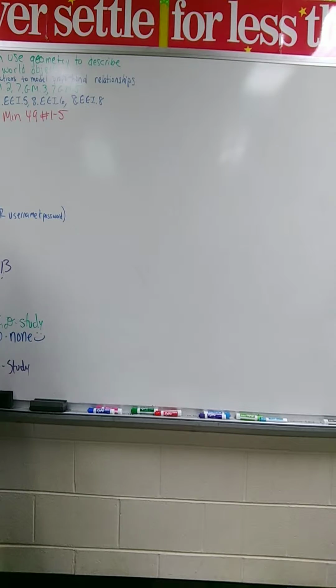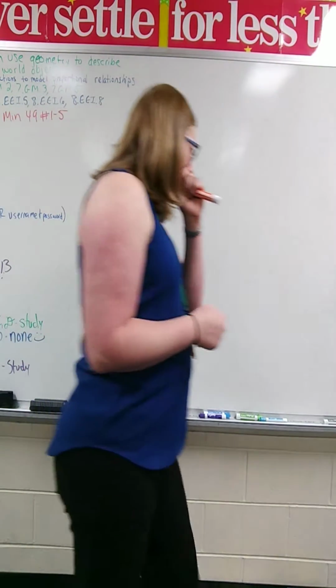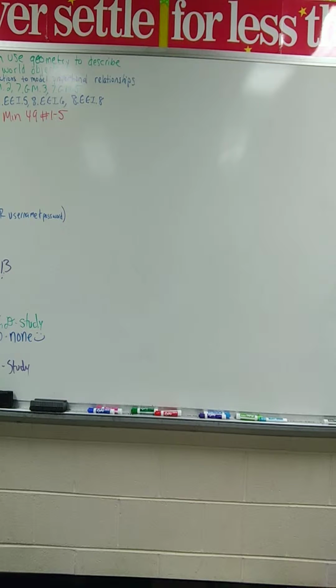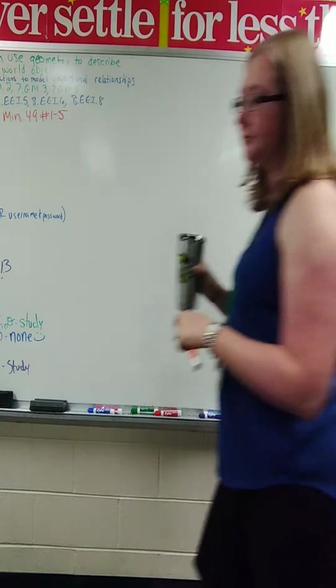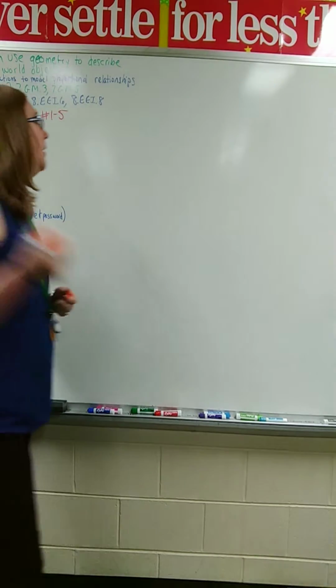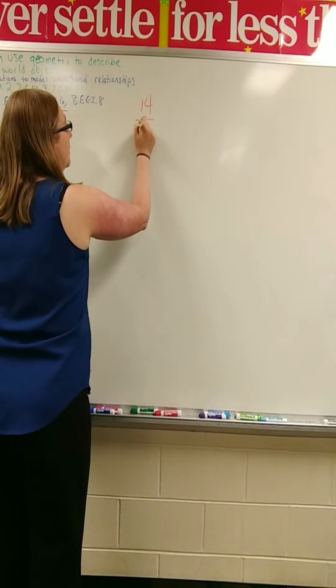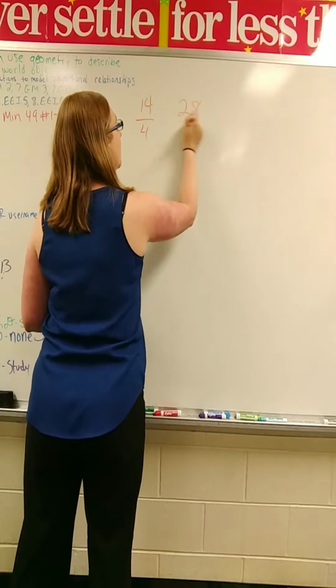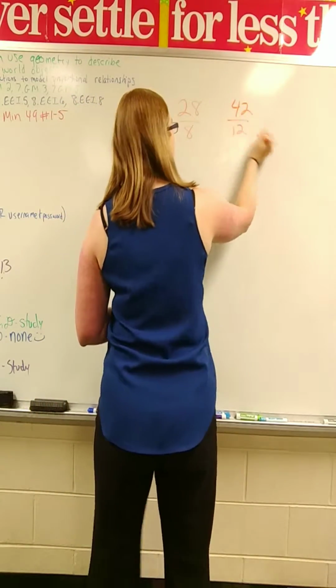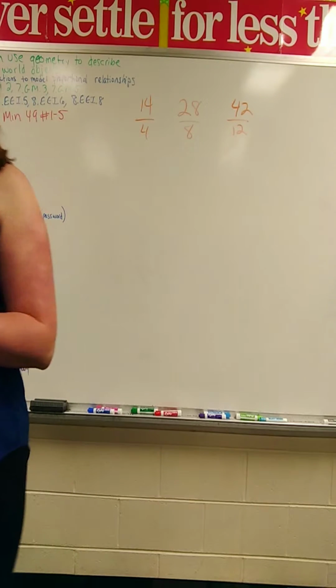First of all, our graph has 3 different points labeled. What are those 3 points? $14.04, $28.08, and $42.12.